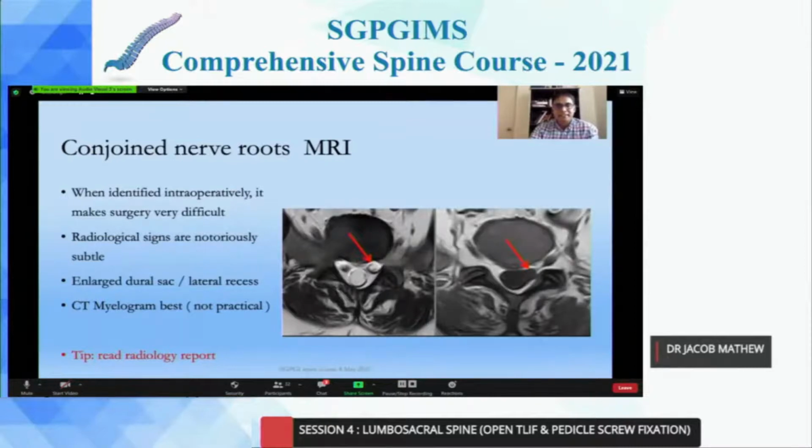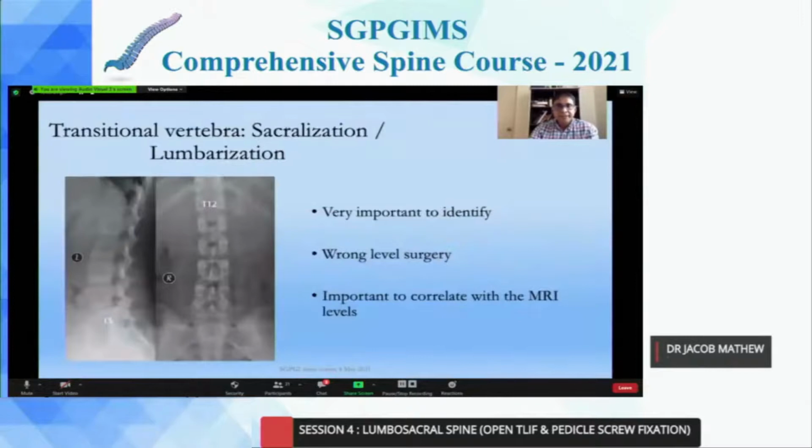Once I had a very difficult case and I had to change the side of the minimally invasive TLIF to the opposite side to proceed with the surgery because there was a large nerve root in the way. So the only sign sometimes might be an enlarged dural sac or an enlarged lateral recess. Sometimes the radiologist reports these.